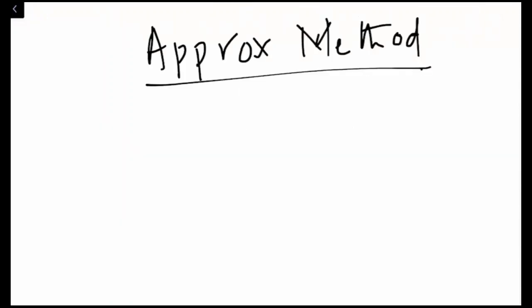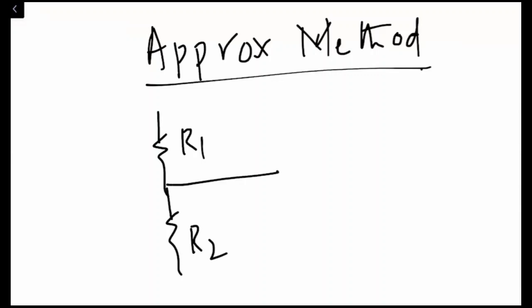In the approximate method, we have R1 and R2, and they are connected to the base.